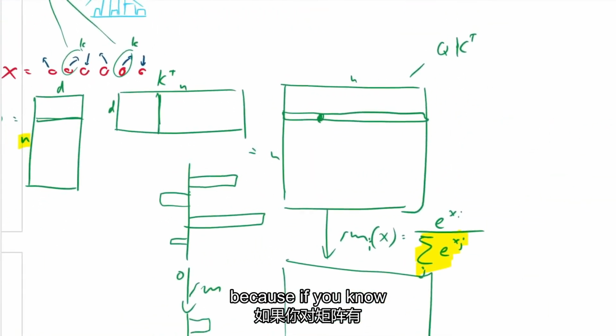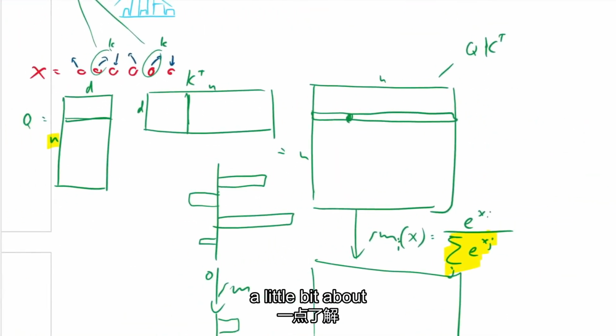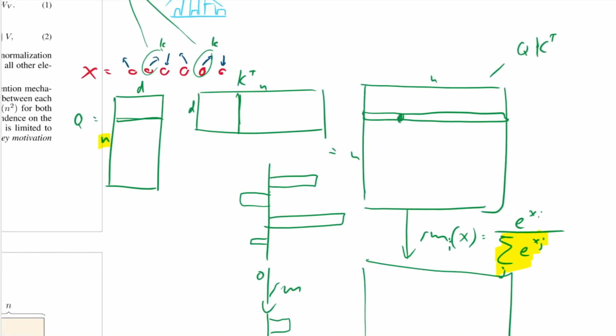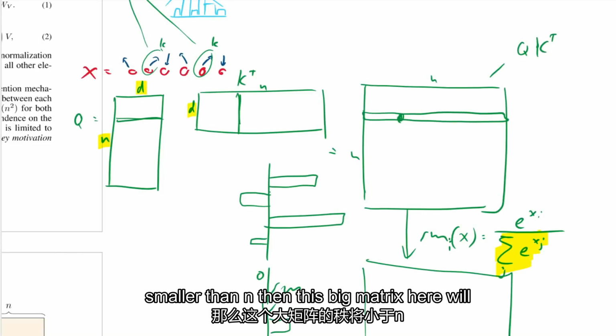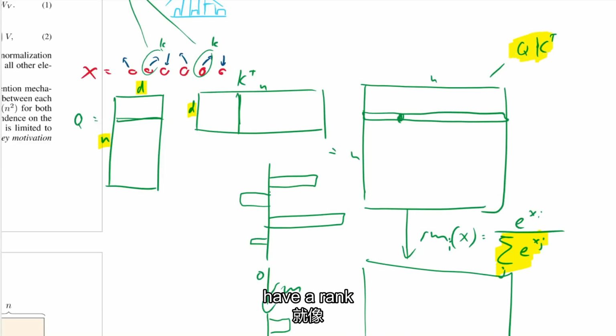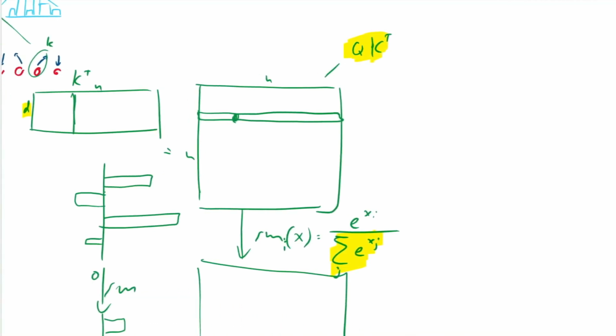Because if you know a little bit about matrices, then you can immediately see that if this d here, the dimensionality, is smaller than n, then this big matrix will have a rank lower than n. It will have rank at most d. And that means that you can decompose it into smaller parts.